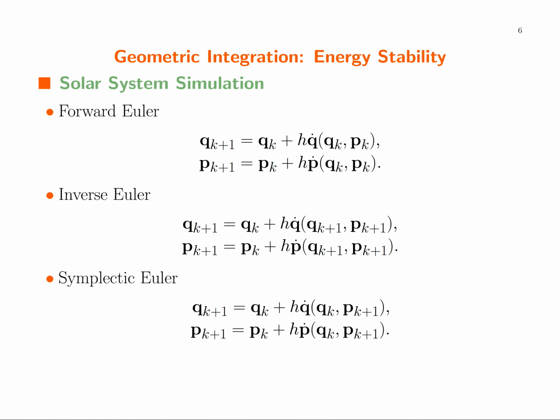Then you have symplectic Euler, which has an interesting vector field evaluated at the current position but the new momentum. So it's not explicit, but at the same time it's not quite as implicit as inverse Euler.